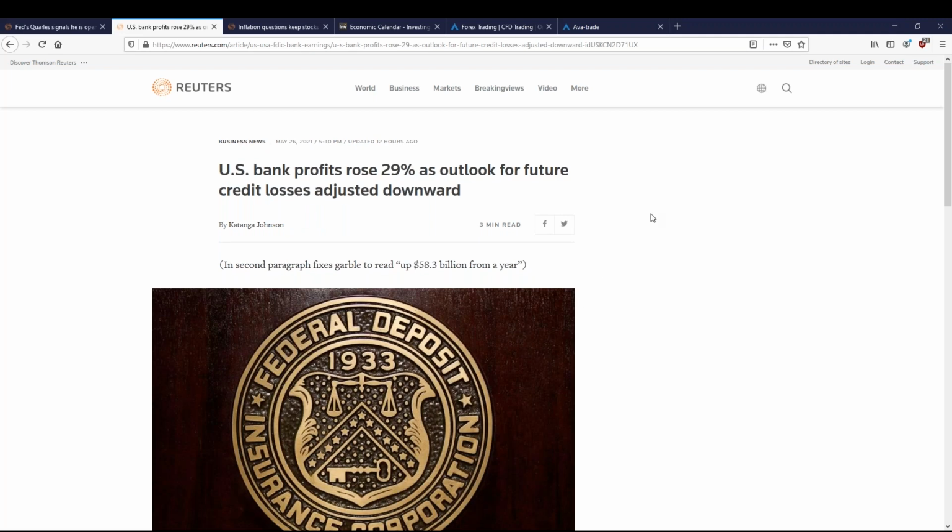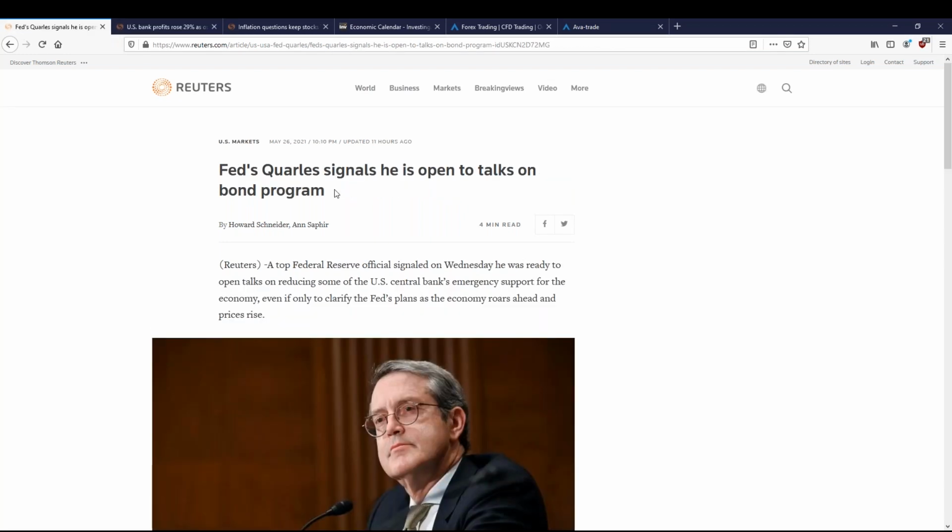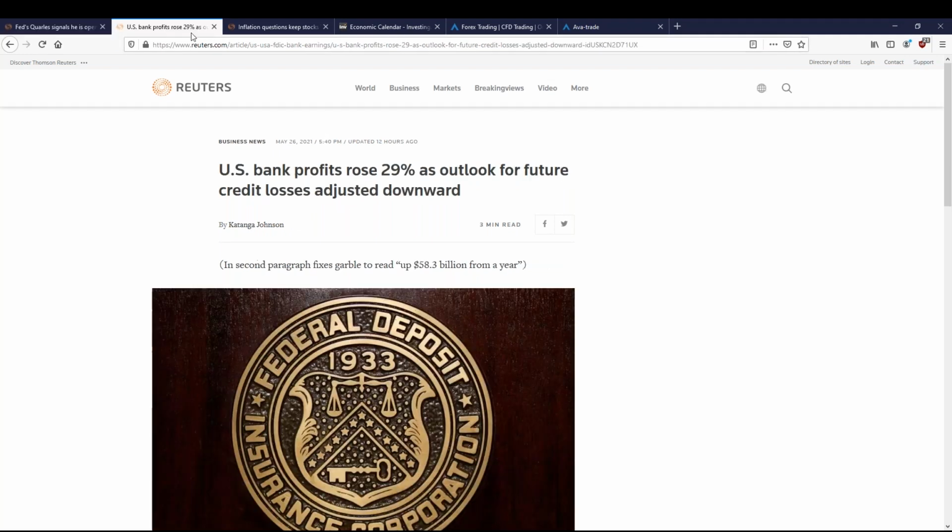Next headline, US bank profits rose 29%. Credit losses adjusted downward. Boy, that sounds like really good news, right? So good that, in fact, what might happen is the US government might scale back bond buying. So it's kind of a bizarro world here. Good economic news might cause sell-offs in the market. Why?